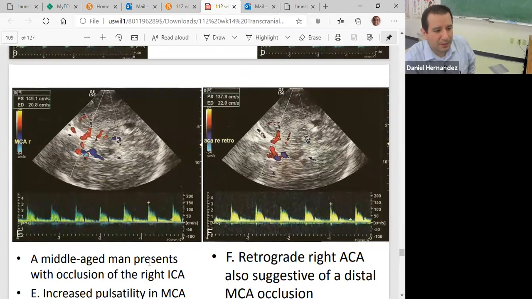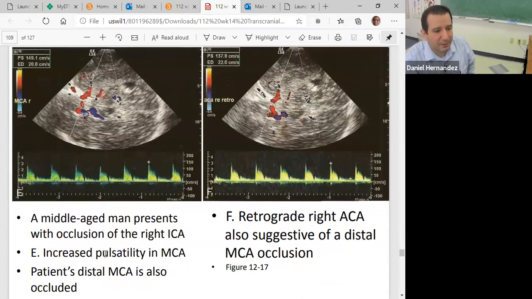So this is a middle-aged man who presents with occlusion of the right ICA. We see increased pulsatility of the middle cerebral artery. This patient also has a distal occlusion of the MCA, so we have a high resistance waveform with increased pulsatility.